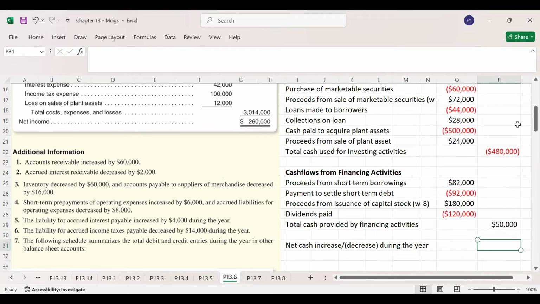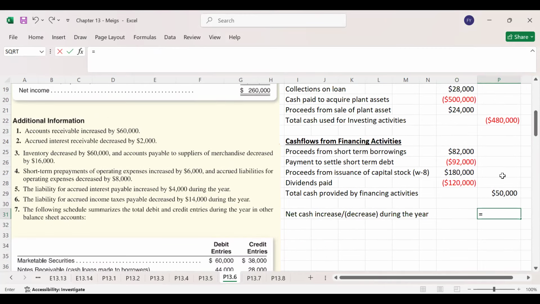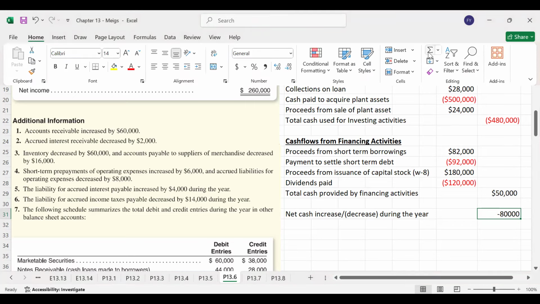So what we are going to do, we have cash provided, which is 350,000, then cash used by investing activities, which is 480,000, then cash provided by financing activities, which is 50,000. So we have a total decrease here because the amount is in minus. This means the total cash decreased during the year.